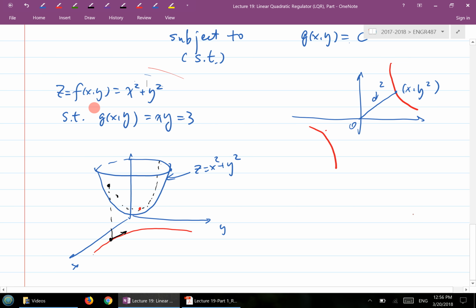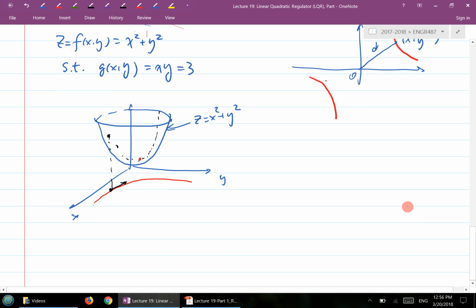We actually learned this before. First of all, we use the idea of the directional derivative. So let's say here's a constraint at here, and you're moving the point in the direction of u hat.